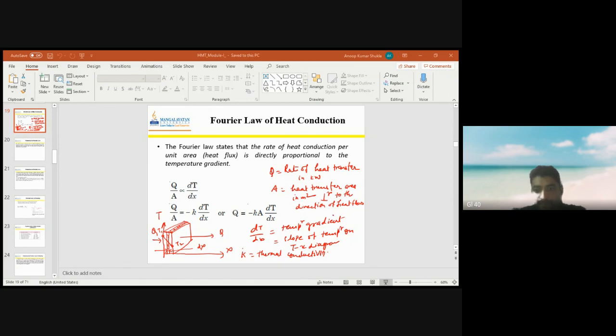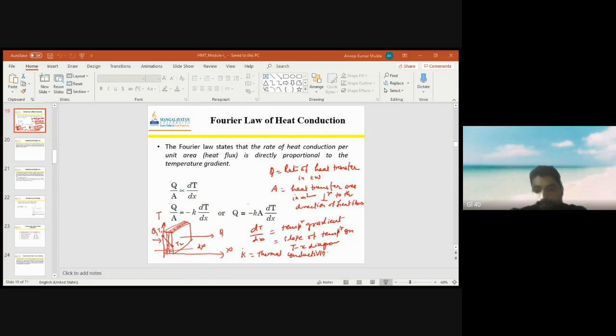This is T2, the temperature of this wall, which is 1100 Kelvin. And the thermal conductivity of this fabric is given as small k, 1.6 watt per meter Kelvin.